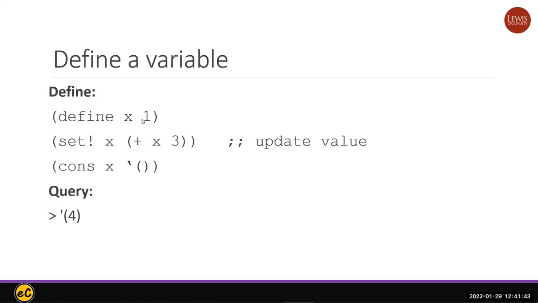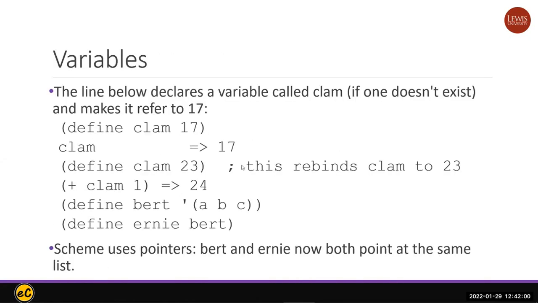So we can define x equals 1, set x to plus x 1. So here x is 1, it will become 4, so x becomes 4. Construct x with an empty list, then it will become a list of 4. Variable: the line below declares a variable called clam.